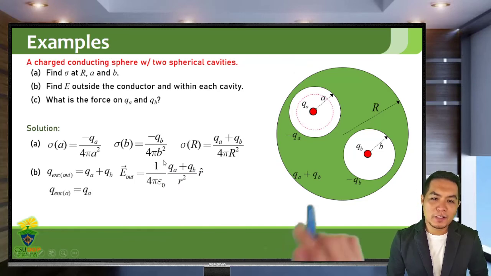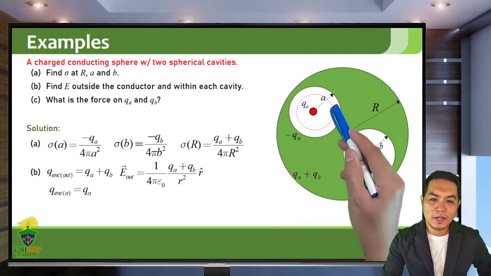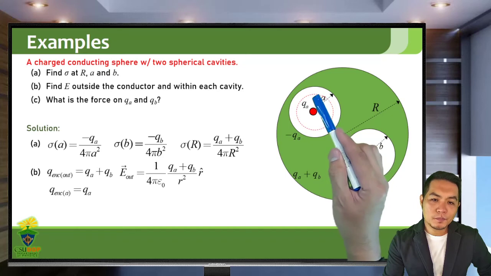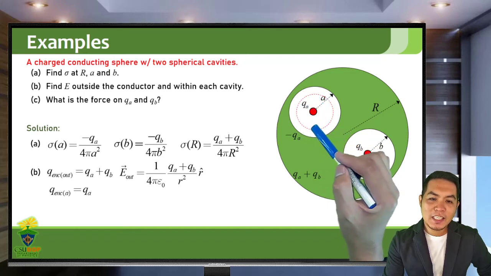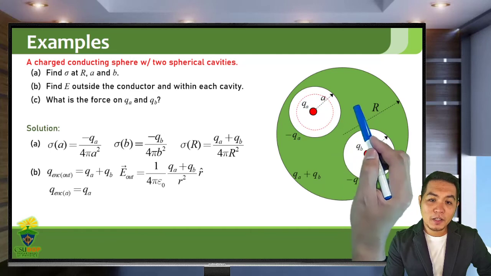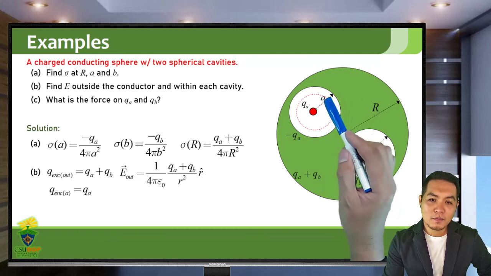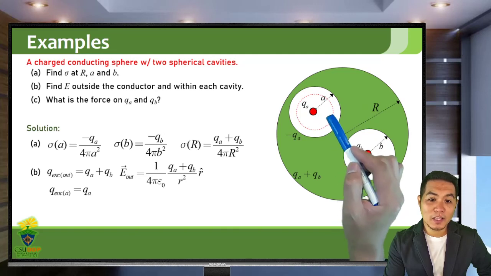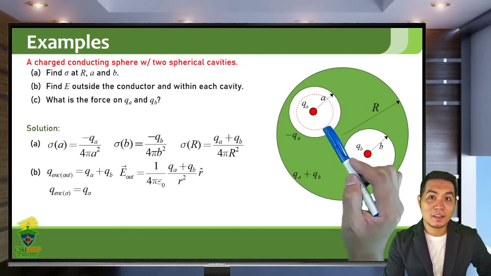Okay, how about within each cavity? We make a Gaussian surface here. But take note, the directions of the area vector and the electric field of this point charge will no longer be along the r hat direction.